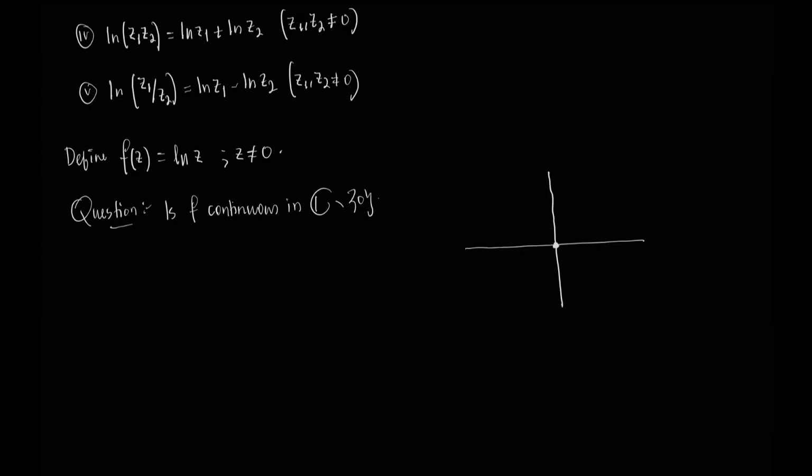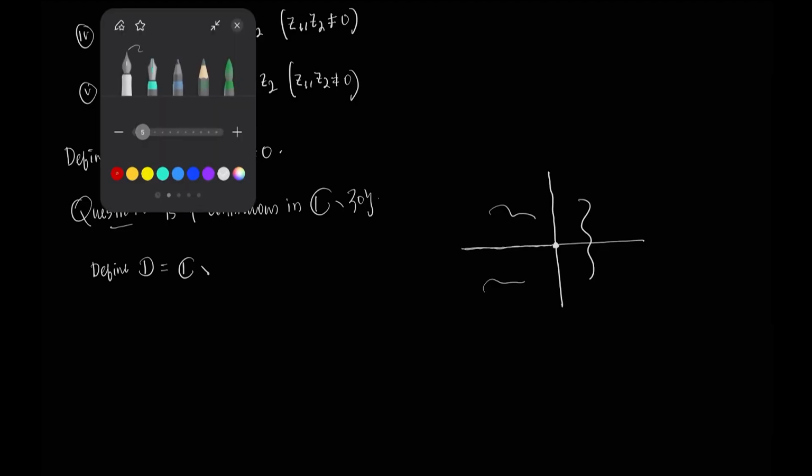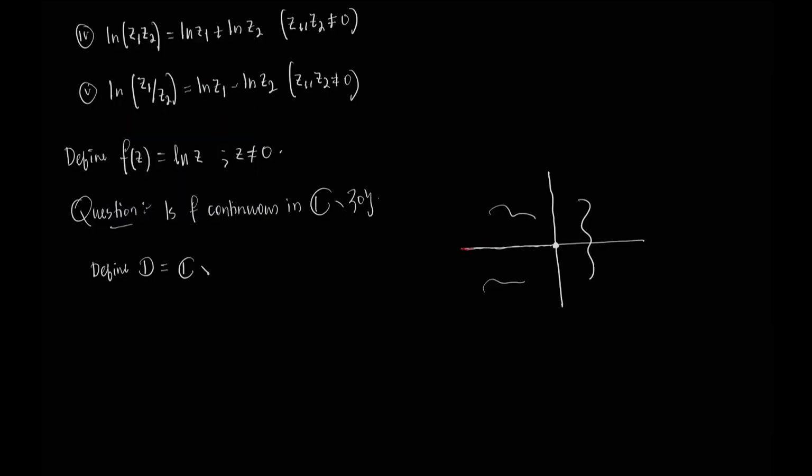Let's start by defining a domain D. D is C minus all of this except this line, so let me put it in red: the negative real axis and 0.